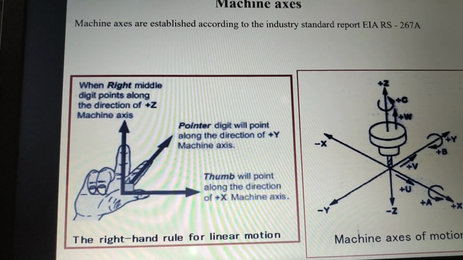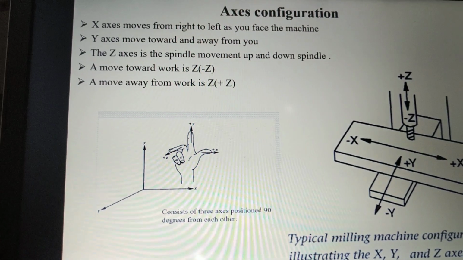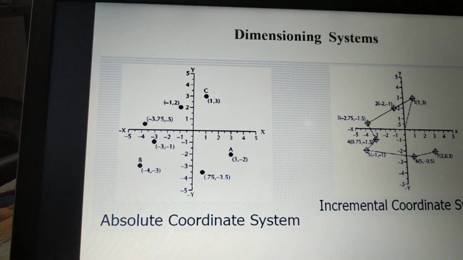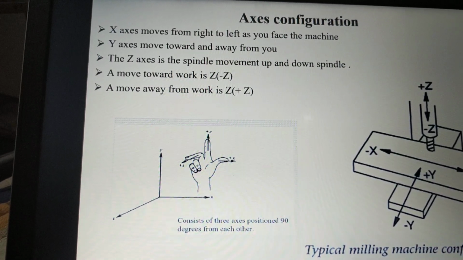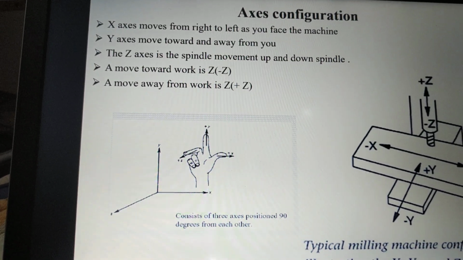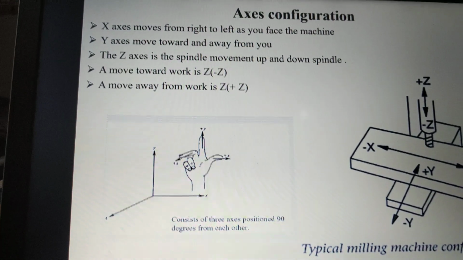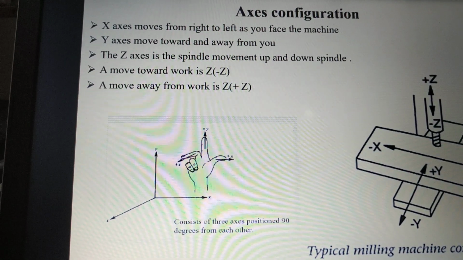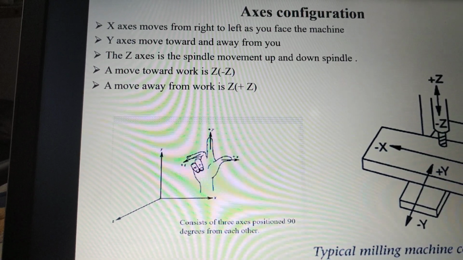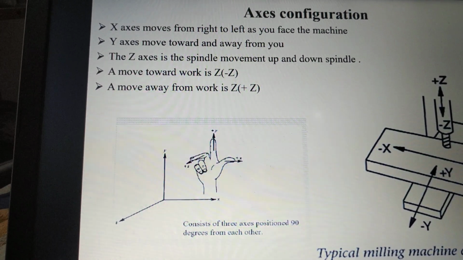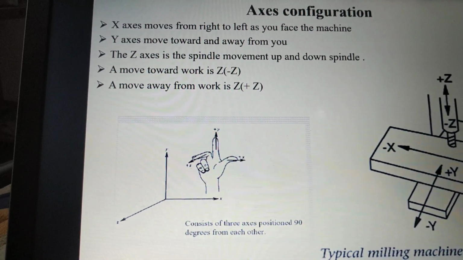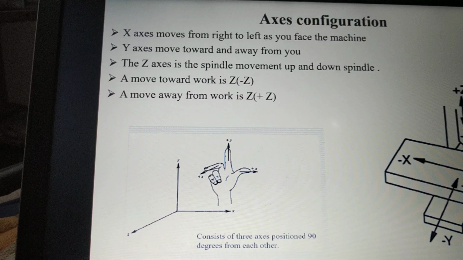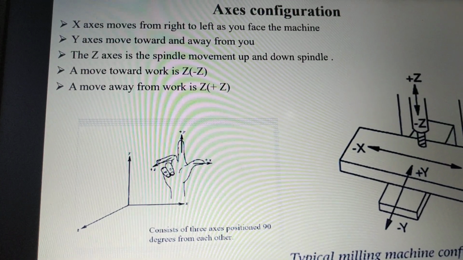These are related to the movement of table and tool as shown here. X-axis moves from right to left as you face the machine. Y-axis moves towards and away from you. All these three axes are mutually perpendicular to each other.